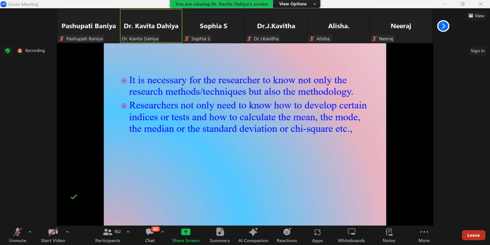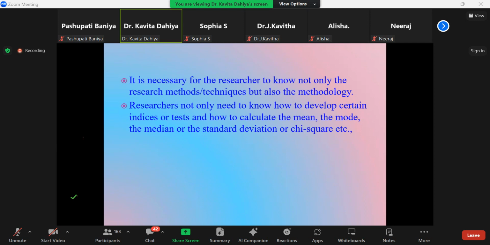and how to select the sample. So it is necessary for the researcher to know not only the research methods or techniques but also the methodology, because methodology is the total working approach of the research, giving you direction: this is the path through which you can achieve your objectives and justify your hypothesis.